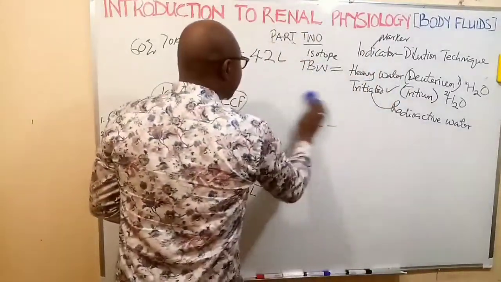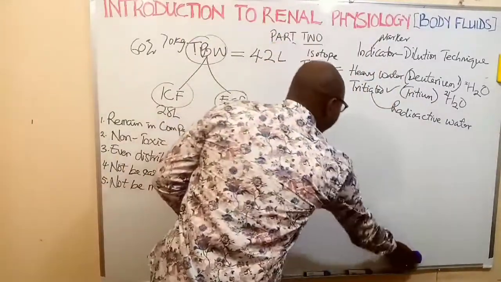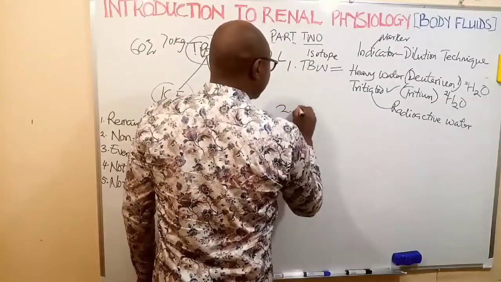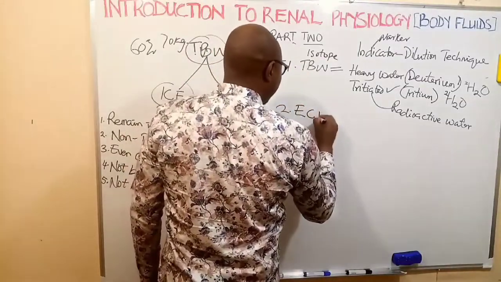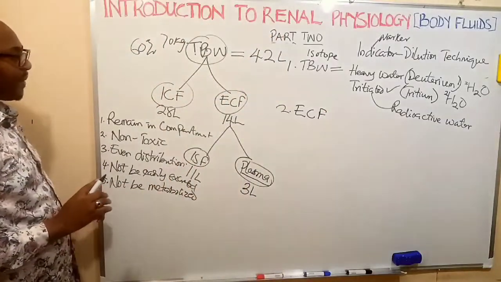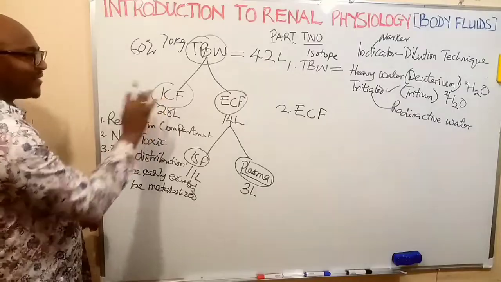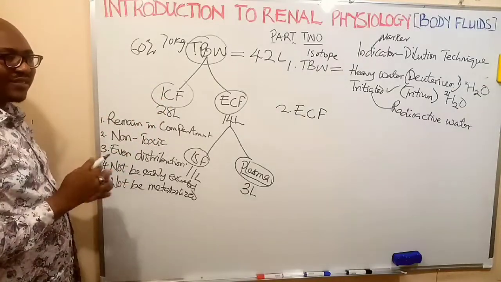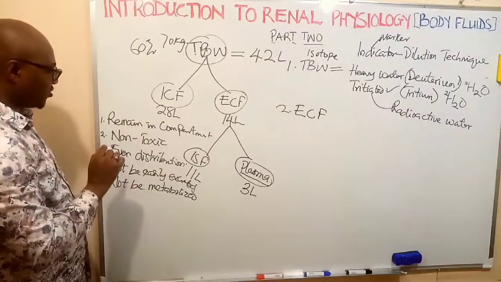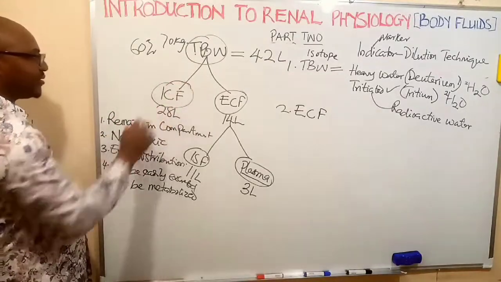Now, the next one we'll look at, number 2, is the extracellular fluid compartment. Okay. Now, ICF, we are not going into that because it's difficult. Remember that we said that if you want to measure, the substance must remain in that compartment.